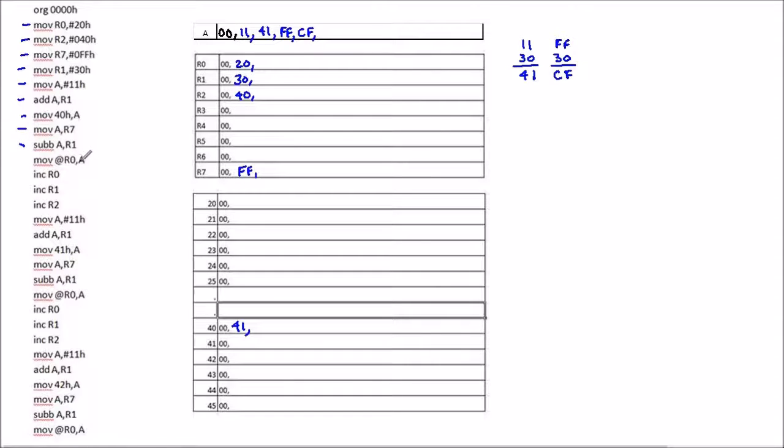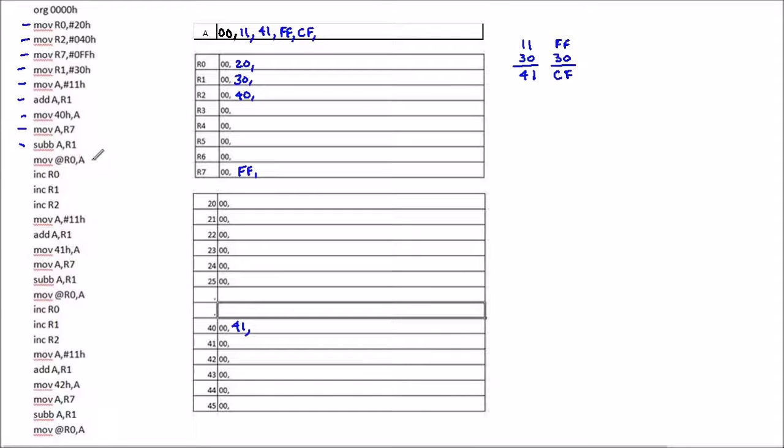We're going to take the contents of the accumulator and move it to the memory location pointed to by R0. Remember, when we see the @ sign, that means we have to go to wherever this is pointing to find out which memory location we're going to place the data from the accumulator into. So we say that it's pointed to by R0. R0 is pointing to memory location 20.